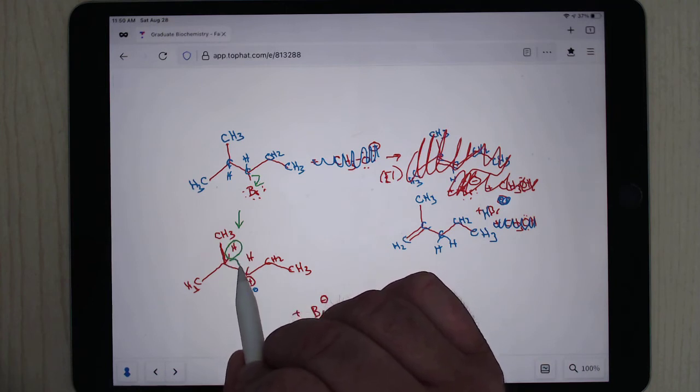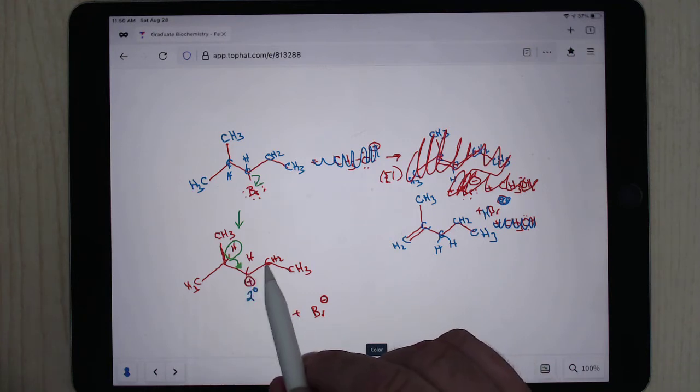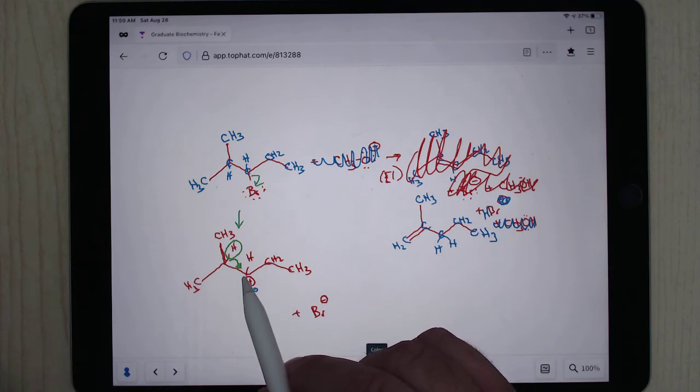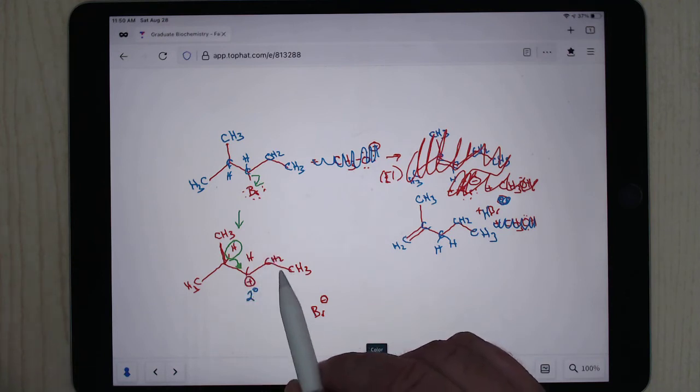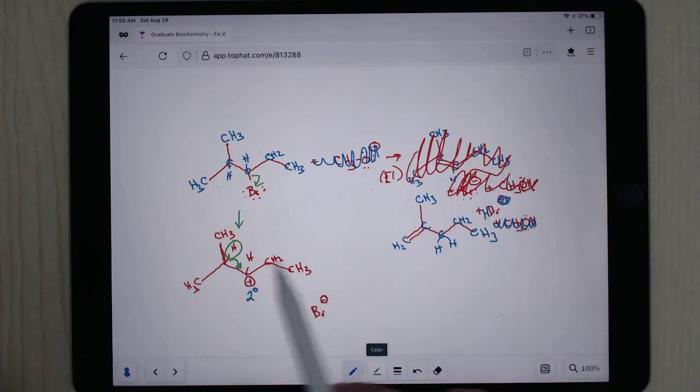What we can do, though, is shift that guy over. We could shift one of these hydrogens over, but that would put the carbocation here, and we're still at a secondary. Plus, we know that this CH2 doesn't change from this CH2 to that CH2.